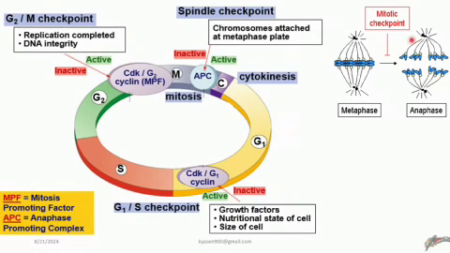It checks if the spindle fibers are well attached to the centromeres so that the chromosomes can smoothly and correctly separate during anaphase. If the spindle fibers are not well attached, the cell may not go through this final phase of mitosis. So all these phases have to be controlled.